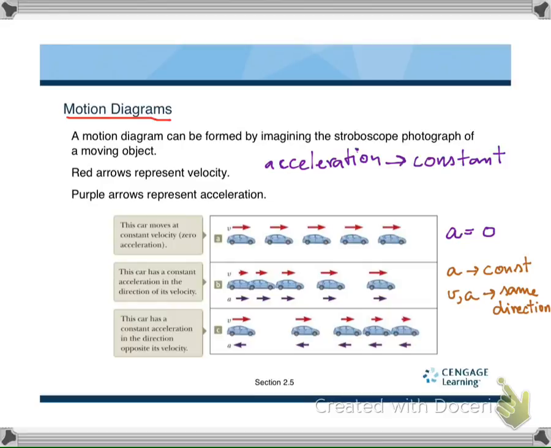Okay. So for the third case, you can see that, again, we still have the constant acceleration, but now we have that V and A have the opposite direction, have the opposite direction.